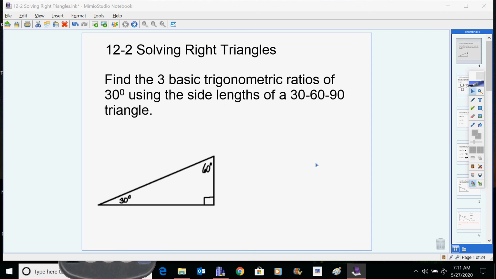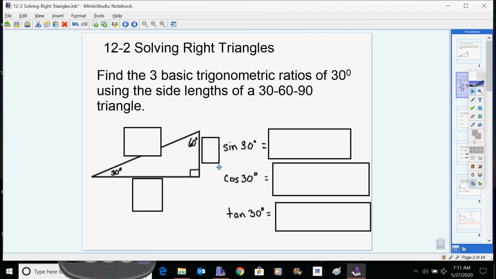Now, a 30, 60, 90 triangle is a super important triangle. We've talked about that before, and I want to remind you a little bit about what you know about a 30, 60, 90 triangle before you are able to find by hand the sine, the cosine, and the tangent of 30 degrees, which is kind of a neat process.